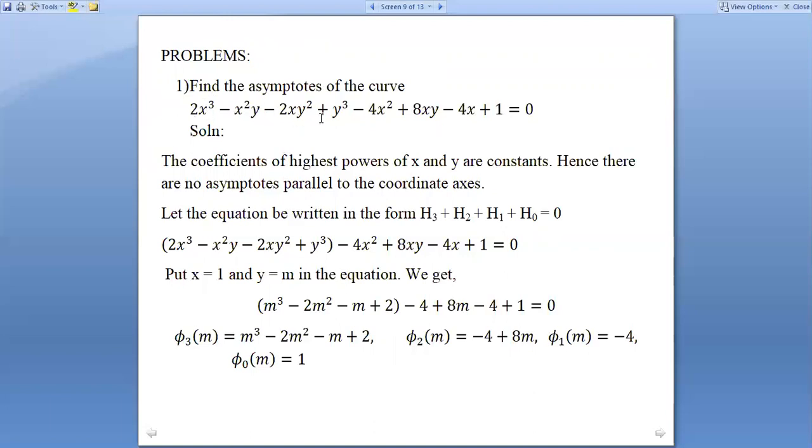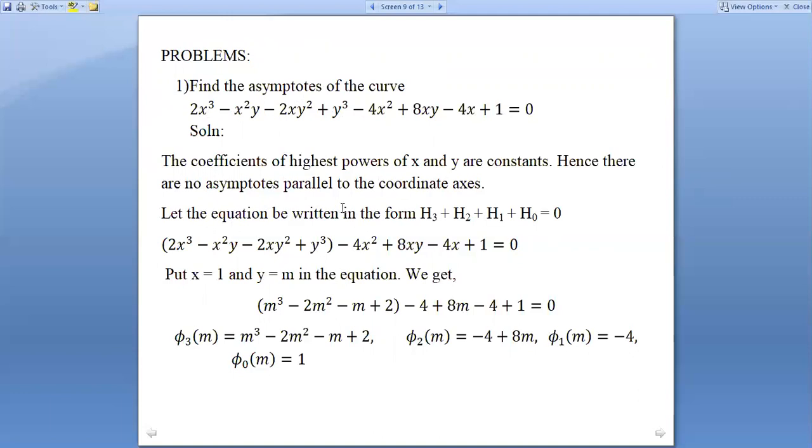So the highest power of x is 3. Coefficient of highest power of x is 2, which is a constant. So you have no asymptotes parallel to x-axis. Similarly, the coefficient of highest power of y is 1, so it is a constant. So you have no asymptotes parallel to y-axis. Hence, there are no asymptotes parallel to the coordinate axis.